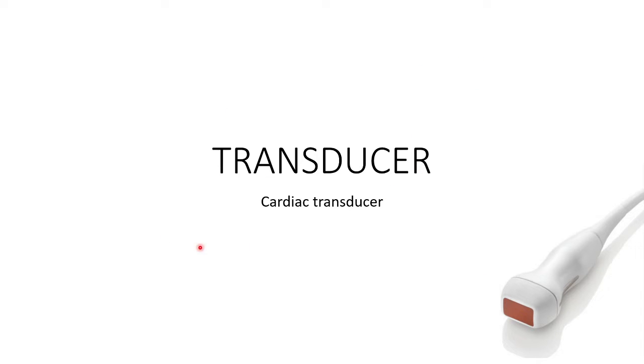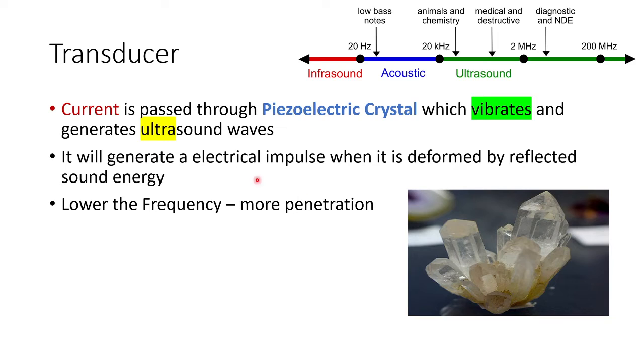So now I'm coming to the transducer. This is the typical cardiac transducer which we use. How an ultrasound or echo machine works is that current is passed through a piezoelectric crystal. Because of that current, the crystal will vibrate and generate ultrasound waves.